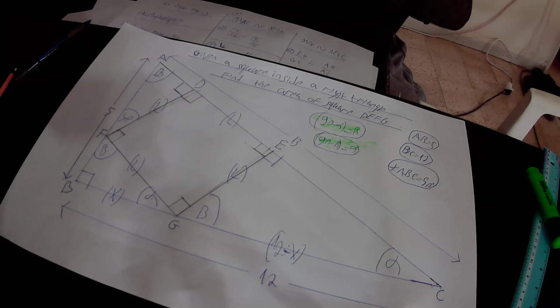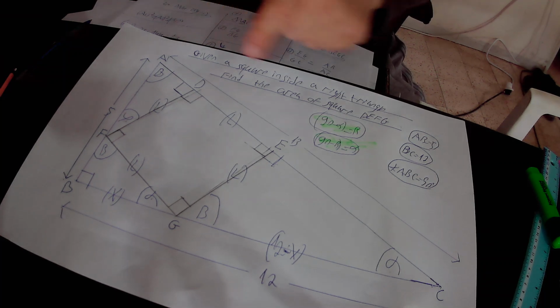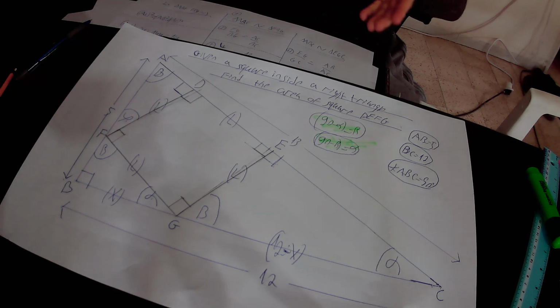On all those 4 right triangles, we have the same 3 angles, alpha, beta, and 90 degrees. Therefore, all those 4 right triangles are similar to each other according to the angle similarity rule, because all of them have the same 3 angles, alpha, beta, and 90 degrees.